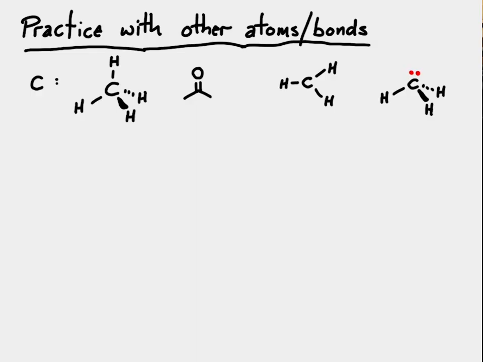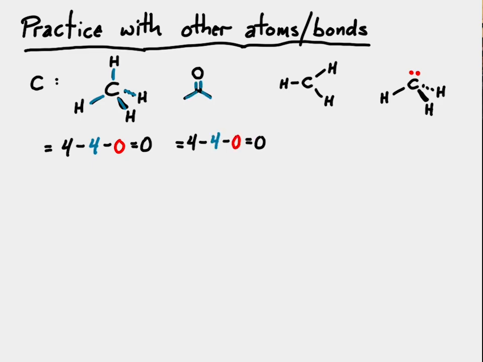So let's do some practice with formal charges, and let's look at it in the context of carbon. It's a really common element that we work with. The first molecule we're going to look at: again, there are 4 valence electrons in neutral carbon. In this case, with methane, you have 4 bonds to hydrogen atoms and no lone pairs of electrons, so 4 minus 4 minus 0 equals 0.